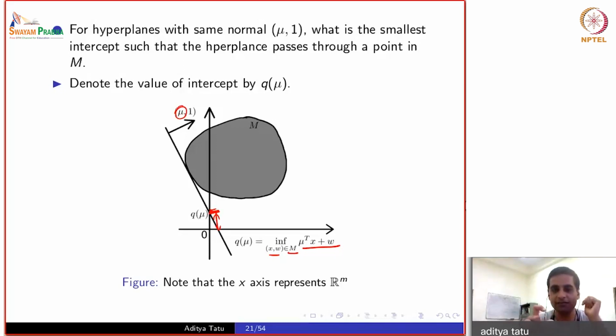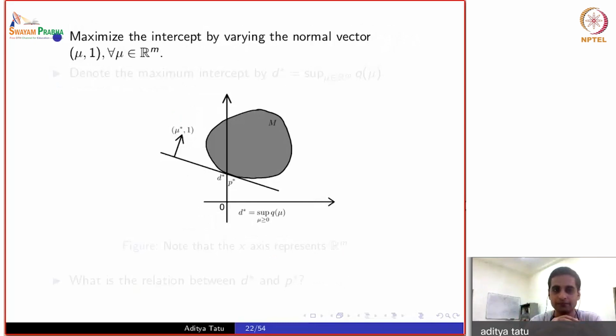You should use the freedom not to minimize the intercept, but to maximize this minimum intercept. So I would want you to choose a normal vector mu such that the least intercept is maximized.